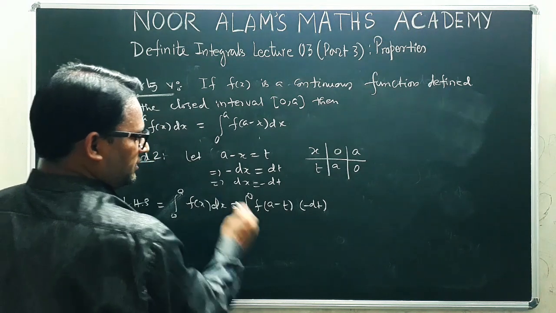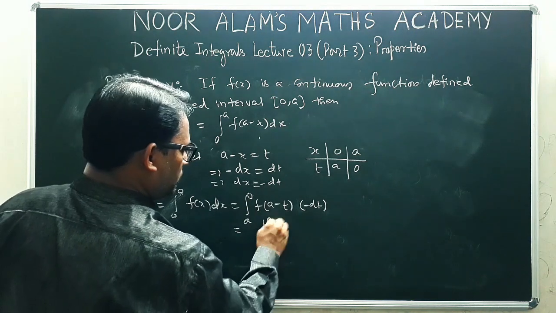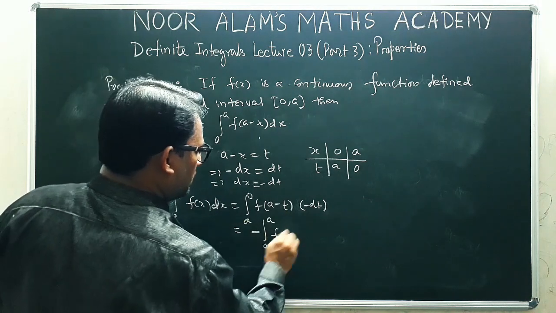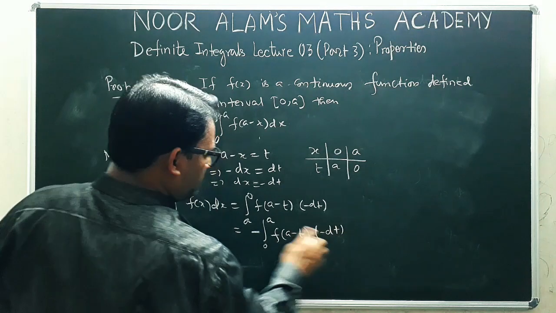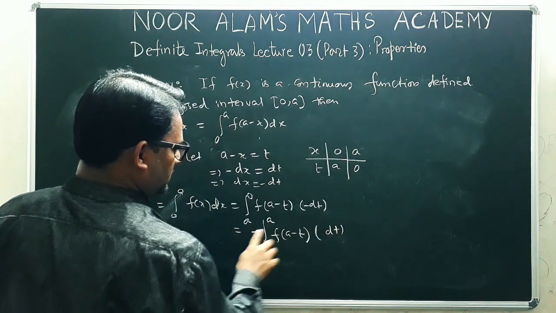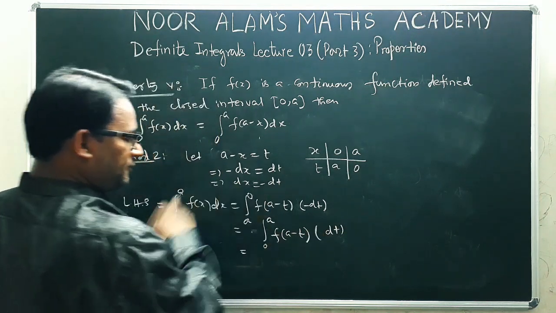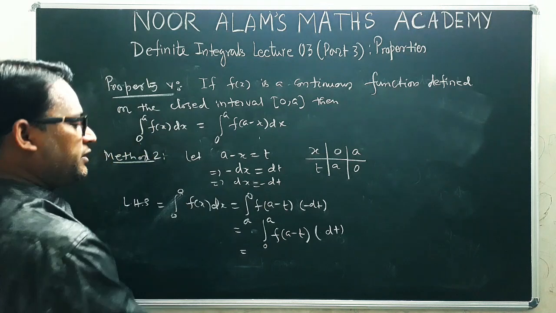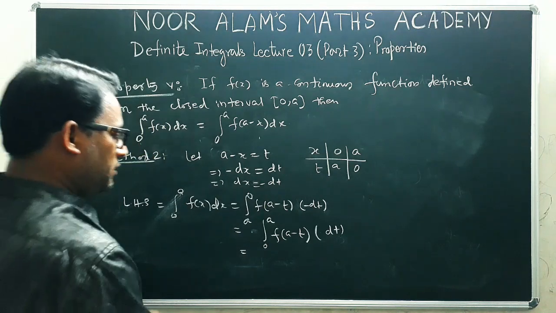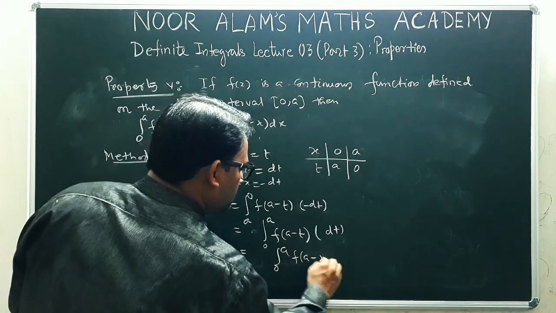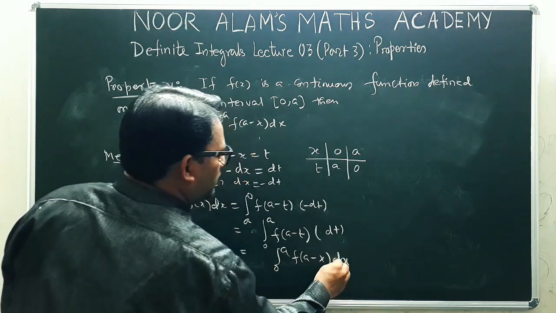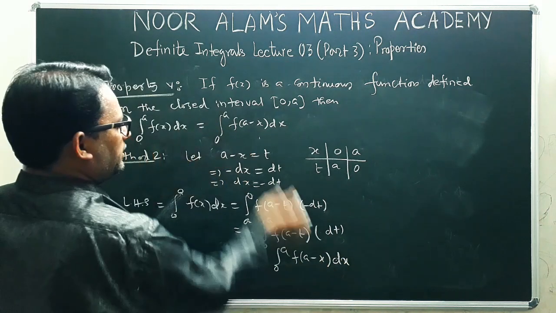So these two minus signs become plus. We also know from property 1 that the integral is independent of change of variable. So if we change the variable in f(a minus t) dt, the integration will be the same. So now we get the right hand side.